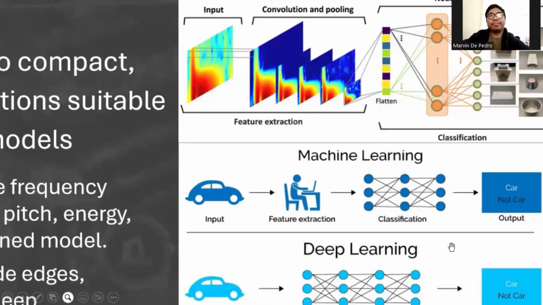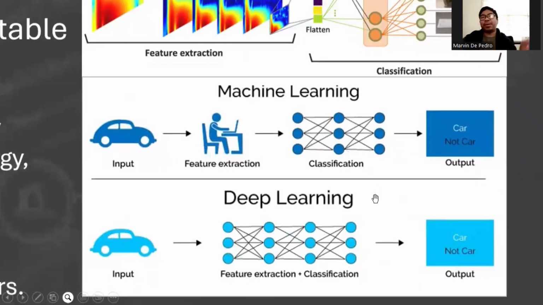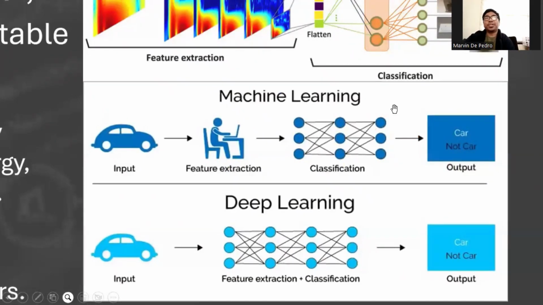Take note, I'm not going to talk much about machine learning and deep learning, but in comparison lang. Like what I mentioned in one of the previous webinars, we only have one processing or hidden layer in the neural network for traditional machine learning. But if we have more processing or hidden layers, then it now classifies as deep learning.